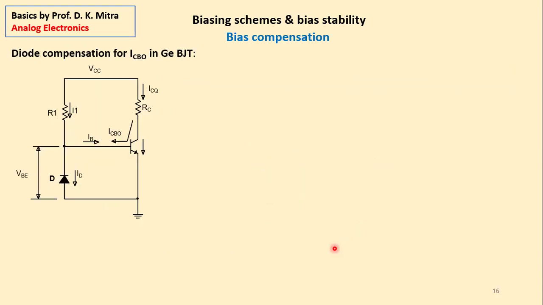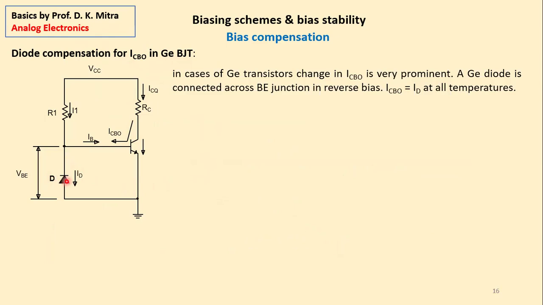Third method: diode compensation for ICBO in a germanium BJT. This is a diode here. In case of germanium transistors, the change in ICBO is very prominent. That is a property of germanium transistors, right? The dependency of ICBO on temperature is very prominent.